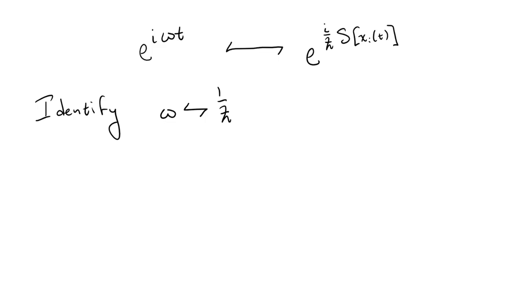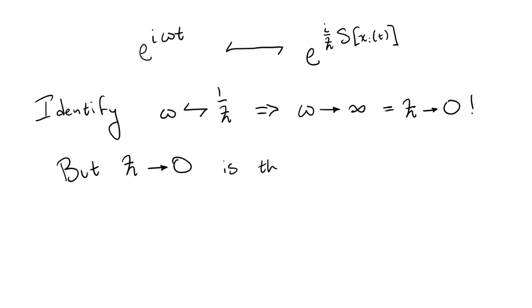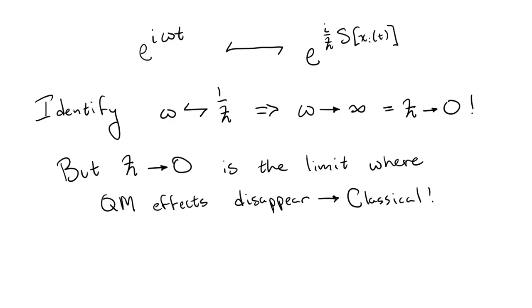To recover classical mechanics, we shouldn't see any effects from quantum mechanics, which means that h bar should be 0. However, taking h bar to 0 in our path integral is exactly the same thing as taking the stopwatch frequency to infinity in our analogy, and only the path which minimizes the action will contribute to the total amplitude. In other words, we've derived classical mechanics by taking an extreme limit of quantum mechanics.